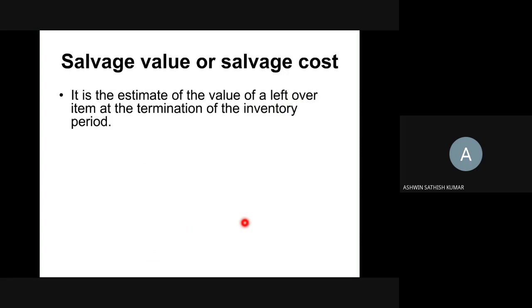Thereafter, we have the salvage value, meaning another type of cost. So presently we have studied the three main costs: procurement cost, holding cost, and the shortage cost. Now we have the other type of cost, the salvage value and the salvage cost. Assume you have a newspaper business and you are not able to sell all the newspapers.